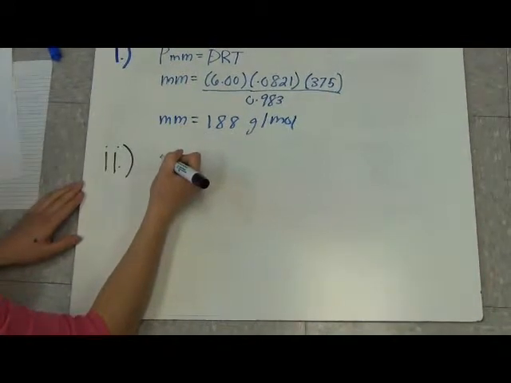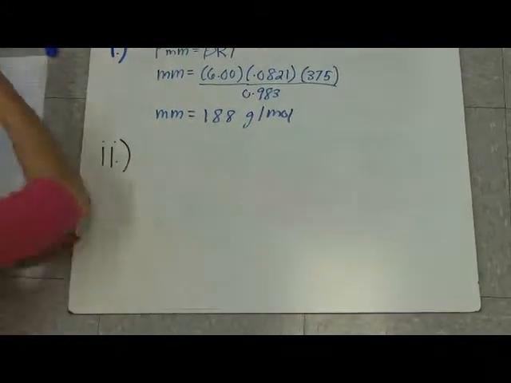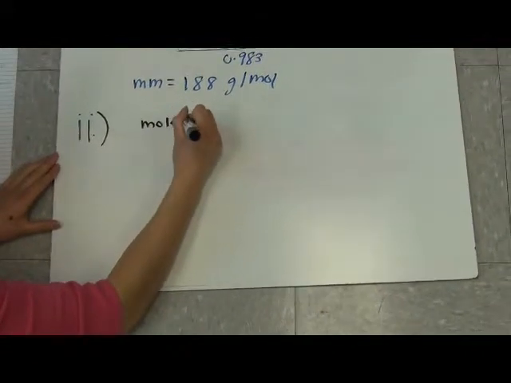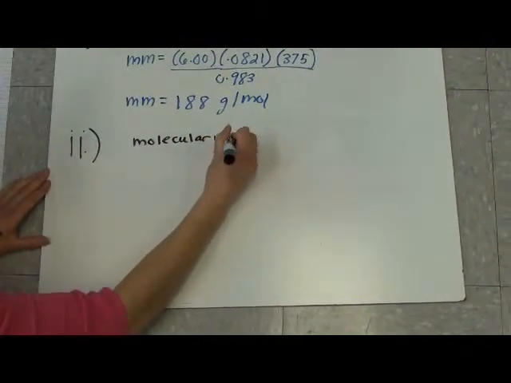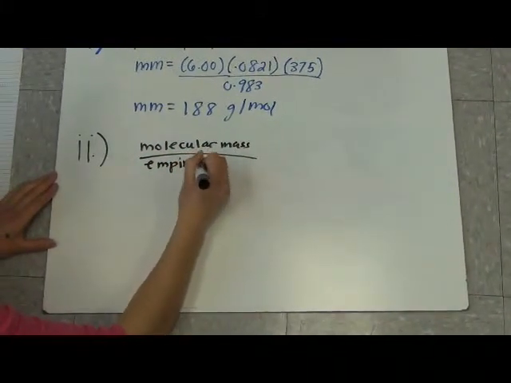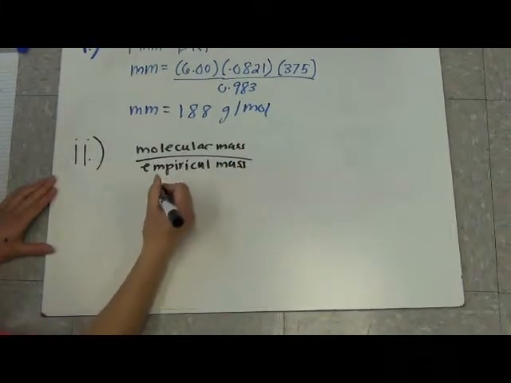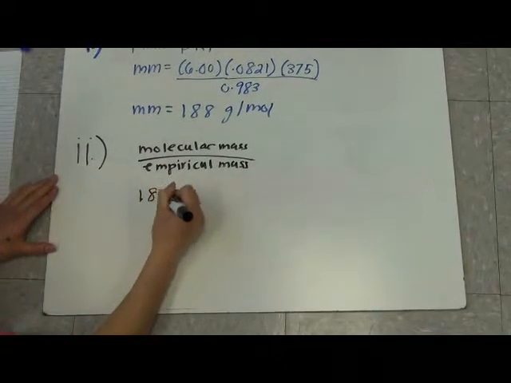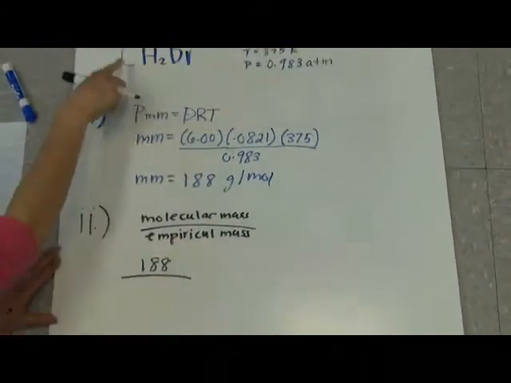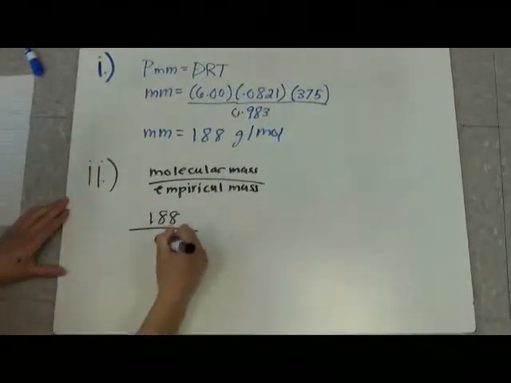For B part 2, we need to find the molecular formula of the compound. Remember, to find the molecular formula, you need to do the molecular mass divided by the empirical mass. So the molecular mass is what we found here, 188, divided by the empirical mass, which you get using this formula, and that gives you 94.